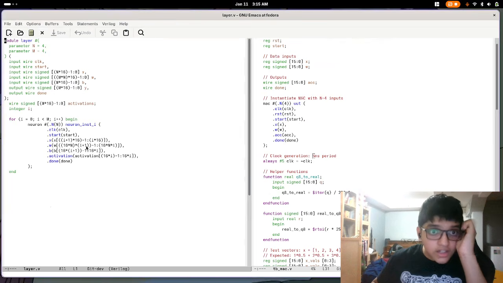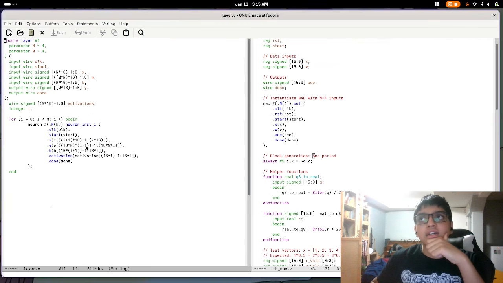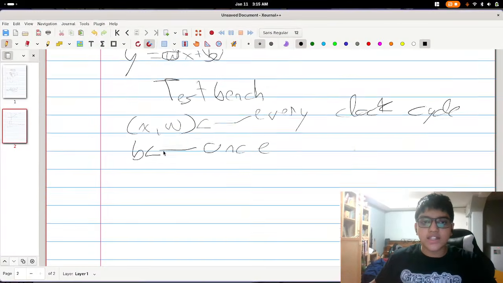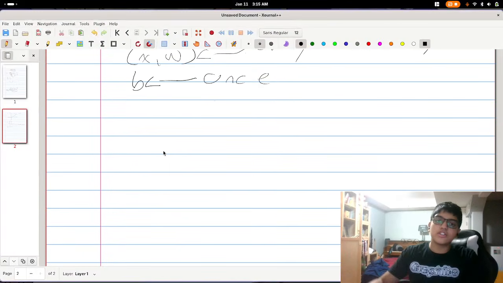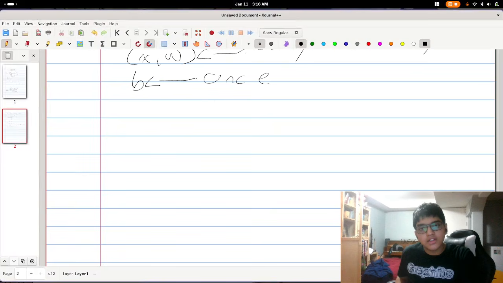So from there we have a layer. This is where things get nicer. Imagine I have a single neuron and that takes in multiple inputs.